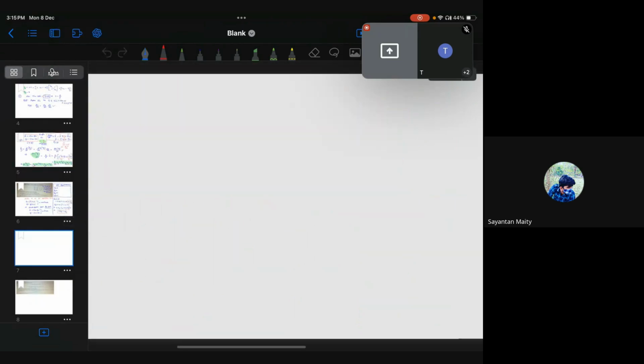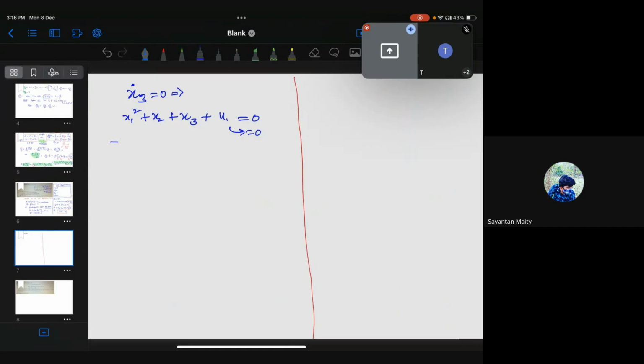So x3 dot equal to 0. What is x3 here? x1 squared plus x2 plus x3 plus u1. This u1 is already 0 because we are checking the equilibrium condition.